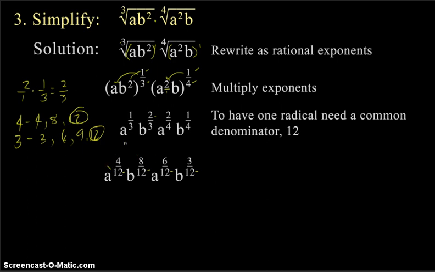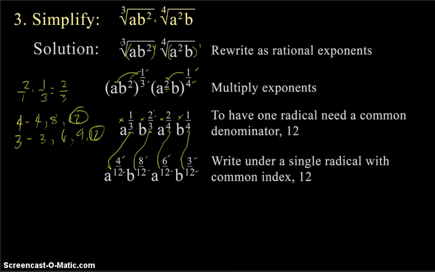So 12 divided by 3 is 4 times 1, that is 4. 12 divided by 3, 4 times 2, that is 8. 12 divided by 4 is 3 times 2, 6. Next is 12 divided by 4, 3 times 1, multiply natin sa numerator, that is 3.